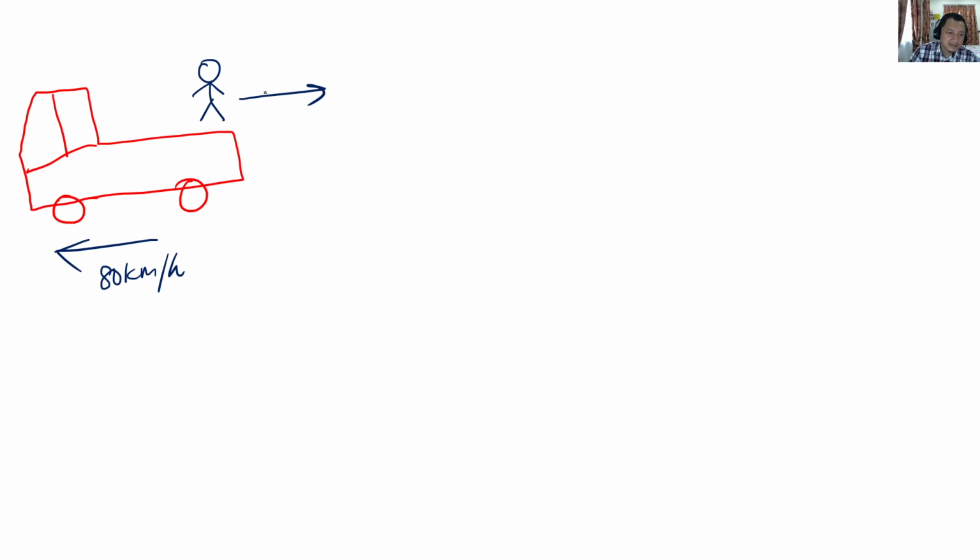So if the hero jumps to the right at 80 km per hour, then the hero will be safe. He will just cancel out the velocity. He's just going to drop down. Velocity equals 0.